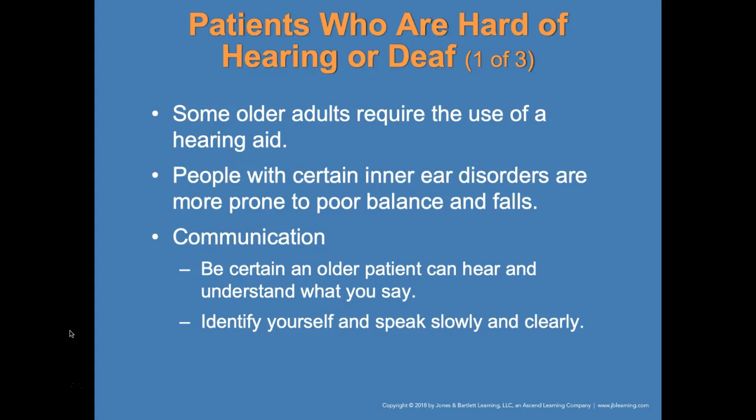That doesn't necessarily mean loudly. It means clearly. They might be partially deaf. They might not be deaf at all. We can't assume that every older patient that we run into is completely deaf and we need to start shouting at them. If we speak slowly and clearly, they usually are able to get it. And if they can't, they will tell you that they are hard of hearing and we need to speak up.